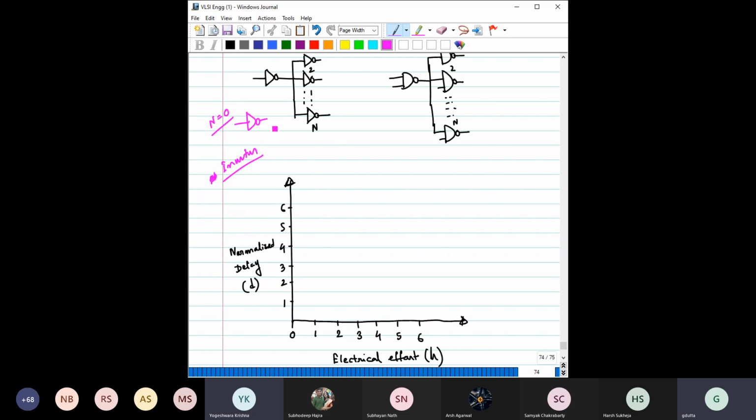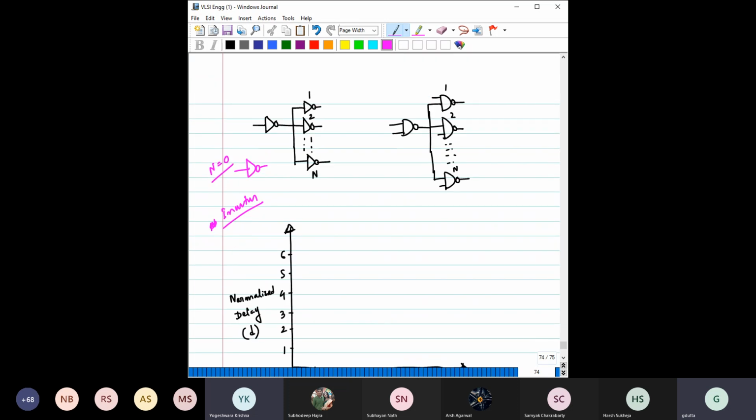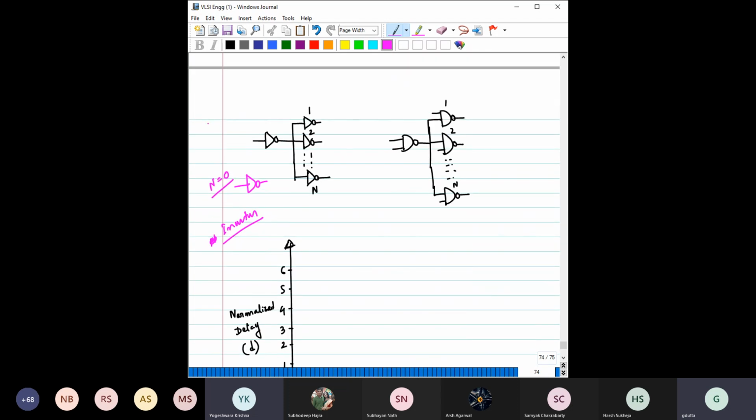So this single inverter is not driving any gate. Then as per this equation, D is equal to P plus GH, right? H is equal to 0, so this term becomes 0. So D becomes equal to P.